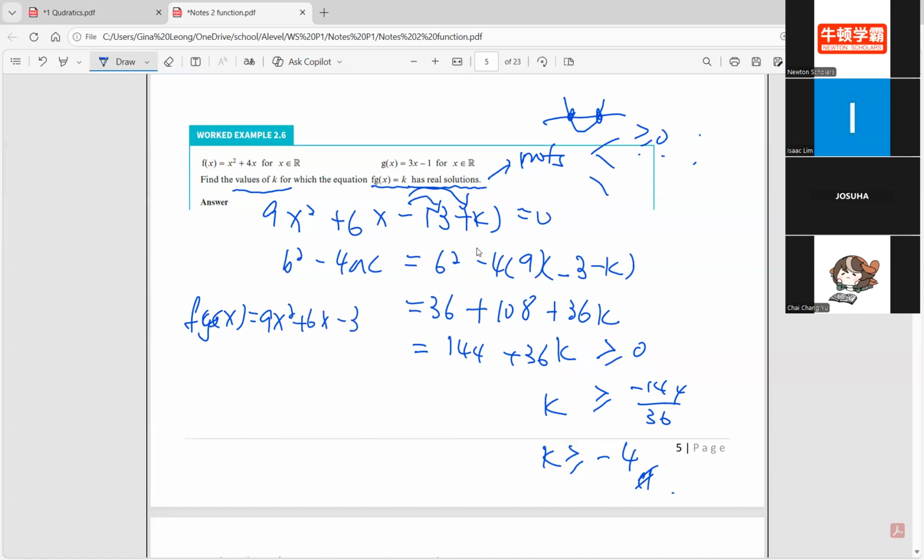Then you put this one equal to k. Then you move this one here. Then after that, you will get the answer. Continue with the things. Yeah, correct. Because here he is asking you to get the k value.